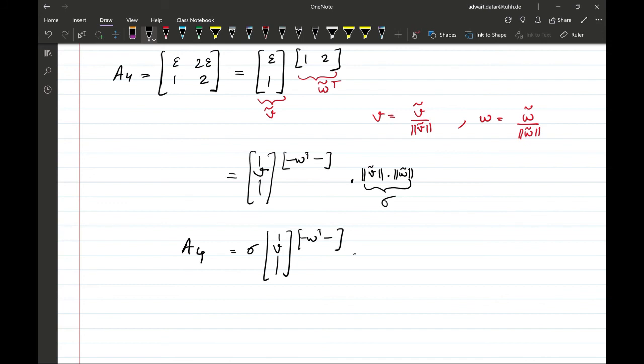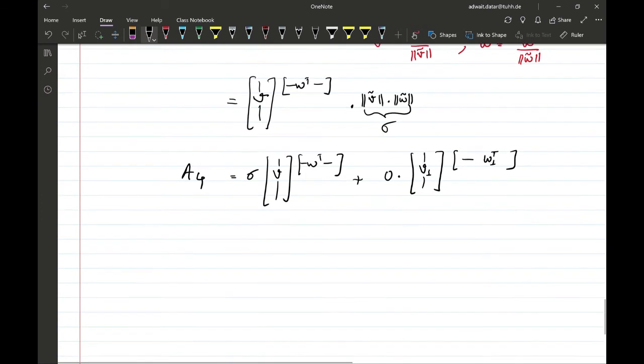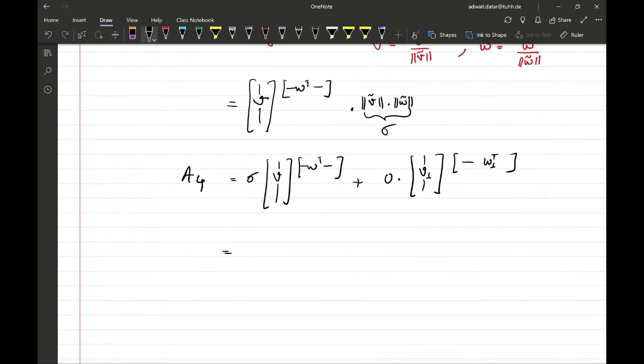Now we could add a vector orthogonal to V and a vector orthogonal to W and write this as 0 times V perp and W perp transpose, and so get the singular value decomposition.